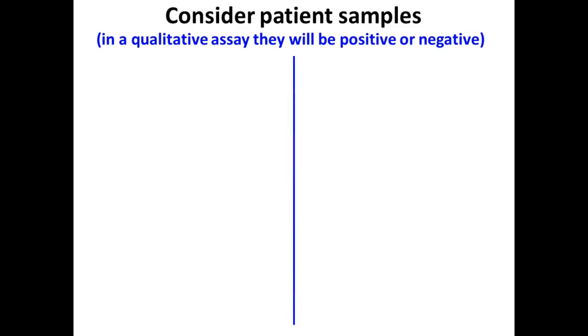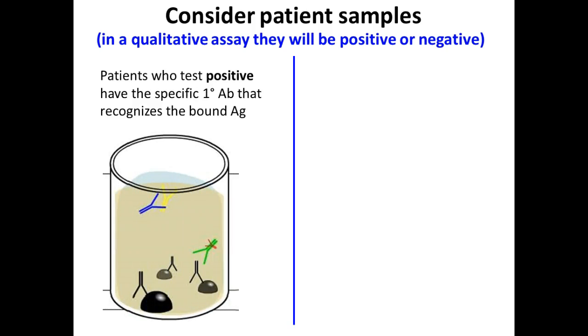So, qualitative assay. So we're just going to say positive or negative, right? They either have the antibody or they don't. So, patients who test positive have the antigen, which we added, and the antibody, that primary antibody, is binding to that antigen. If they're negative, what's going to be in those wells after we wash?